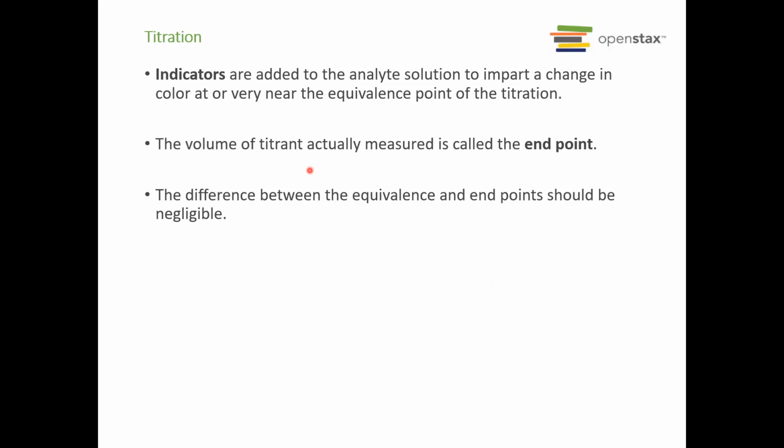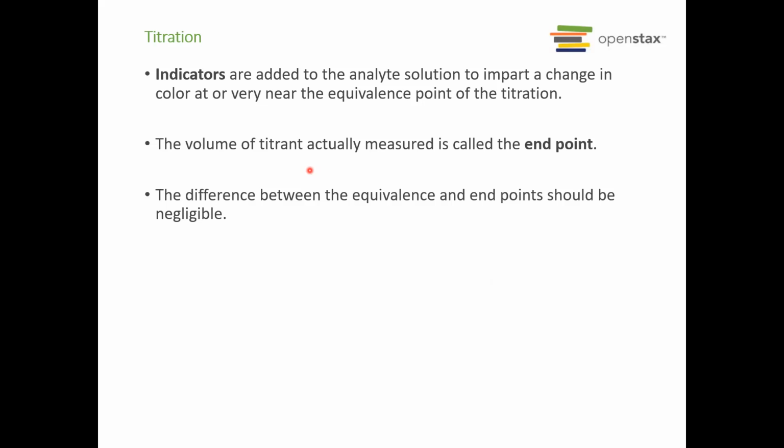Typically we add an indicator so that we can actually see this reaction take place, because if we think about just an acid-base reaction, for instance, it's going to be colorless, and it's not going to produce gas, at least depending on the acid-base. We're not going to really see anything occurring. Both of those solutions typically look like water, and when we combine them, it's going to continue to look like water. So we use the indicator to let us know when we've reached that endpoint.